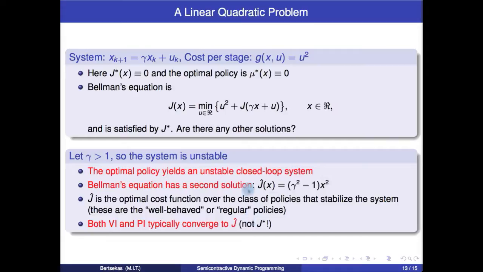It can be shown that this kind of behavior is generic in linear quadratic problems that have this instability property, and also involve a somewhat peculiar structure of cost per stage where the state is not fully penalized. And actually, this behavior of the optimal controller in linear quadratic problems has been investigated early on, since the early 70s, and has received some attention.